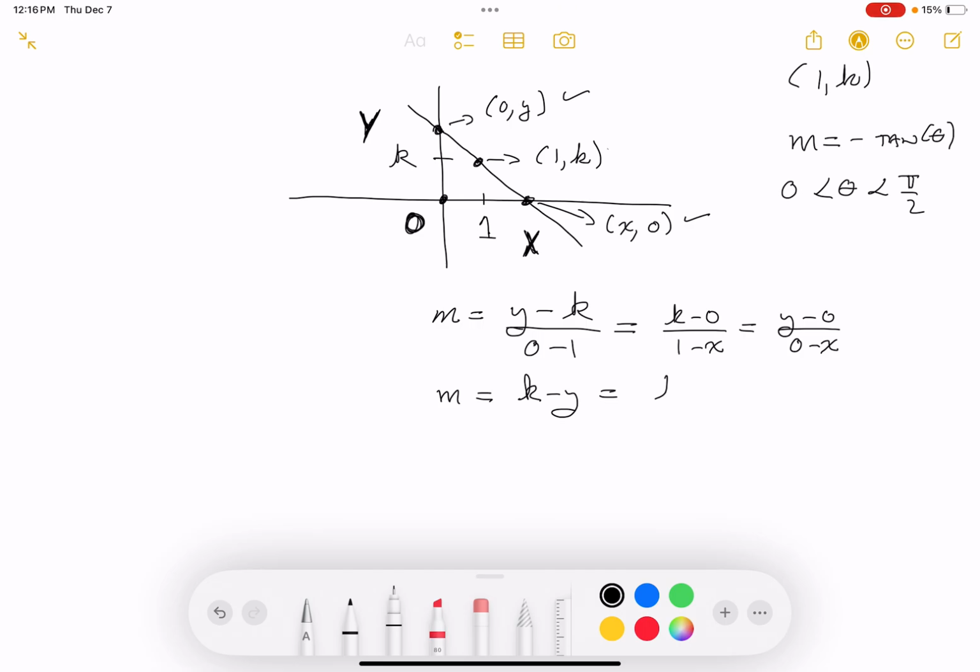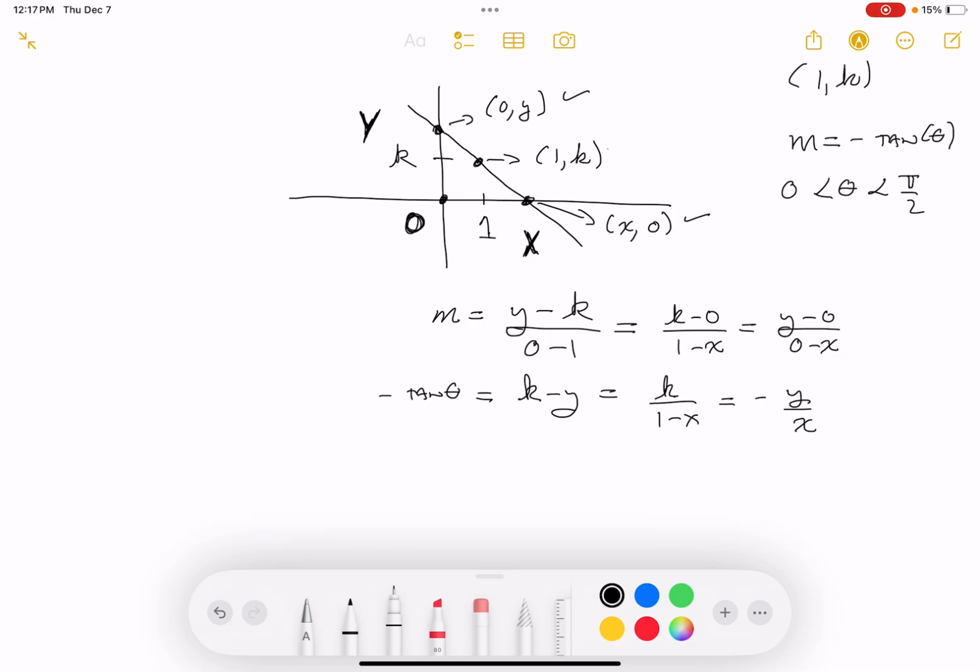And this over here is just k over 1 minus x. And this over here is y over minus x, which is minus y over x. And what's this equal to? Well, m is equal to the minus tangent of theta. So what I'm going to do is get my eraser out, and I'll write that down now. So it's equal to minus the tan of theta.